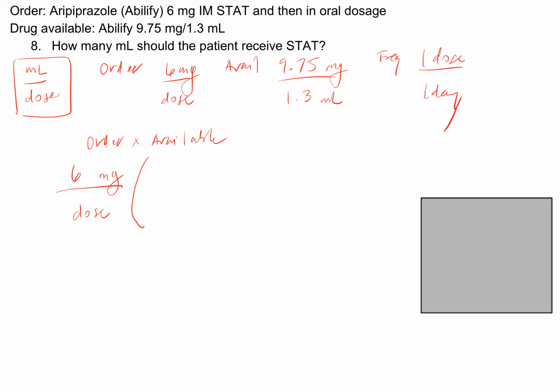You want milligrams to cancel, so you want 9.75 milligrams in the denominator, 1.3 mLs in the numerator. 6 times 1.3 is 7.8 divided by 9.75 is 0.8 mLs of Abilify per dose. Final answer.